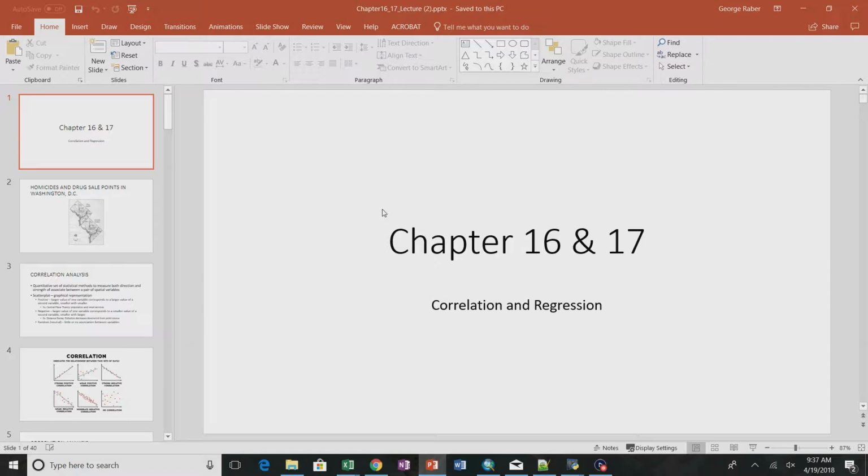In years past, I combined chapters 17 and 18, and the book author does that in the exercises. So I made the exercises due two weeks from now instead of one week, because it's only three chapters.